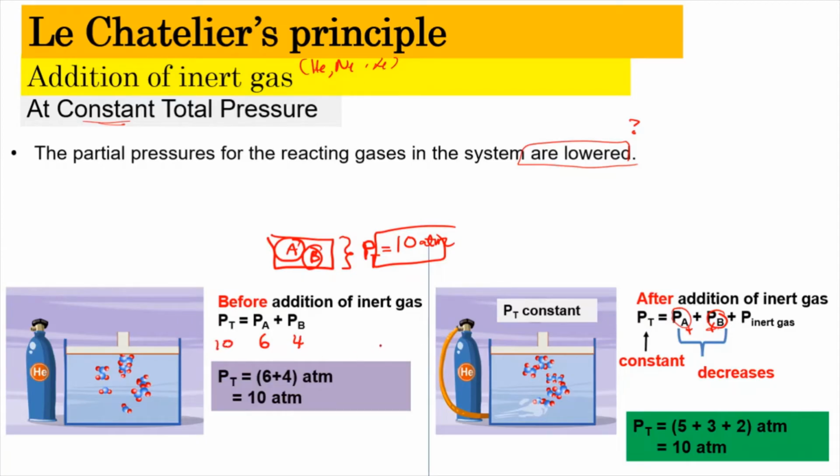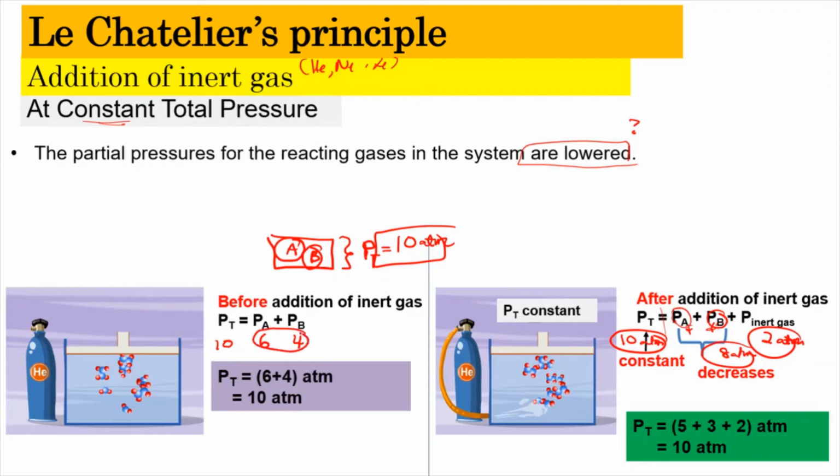However, when there is an addition of inert gas, let's say 2 atm, you know that the combination of PA and PB needs to be 8 atm so that PT can be constant at 10 atm. So that you can maintain the total pressure at 10 atm, your PA plus PB is reduced to 8 atm.